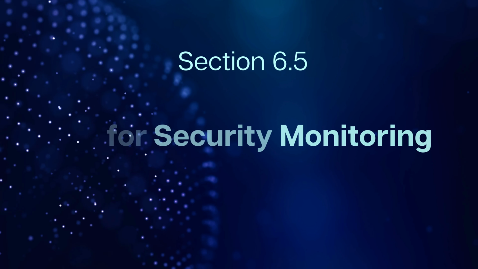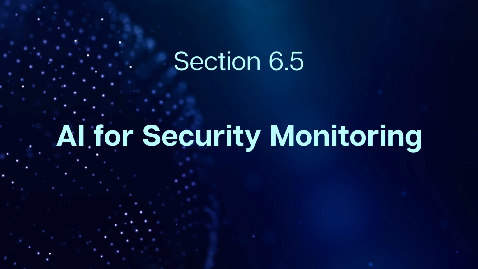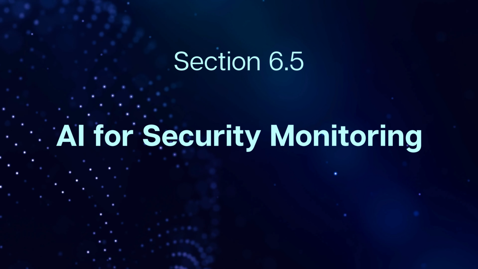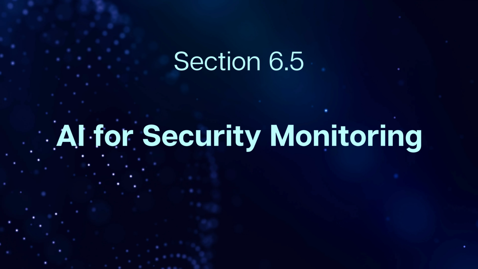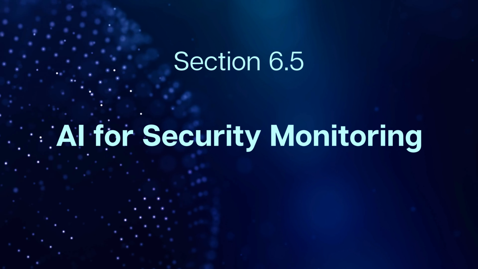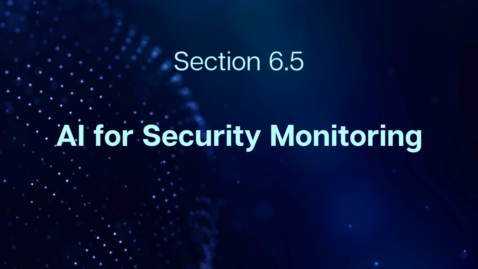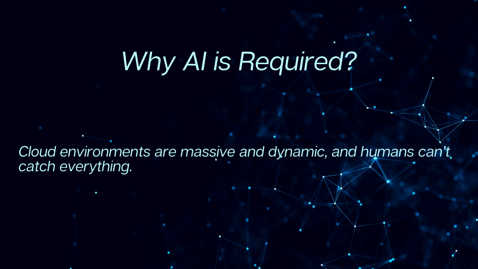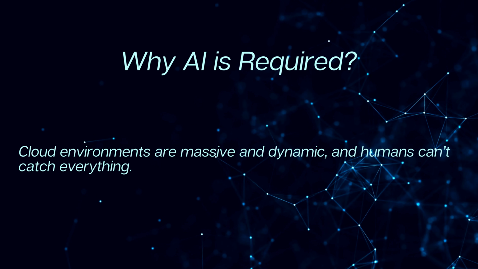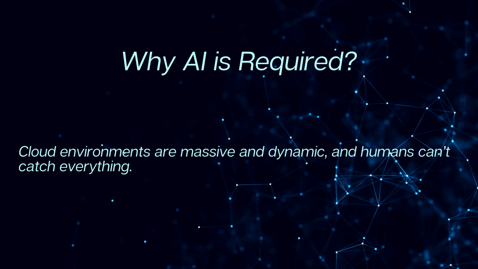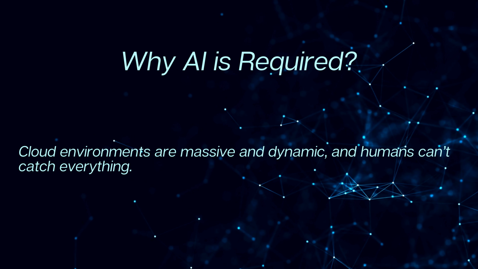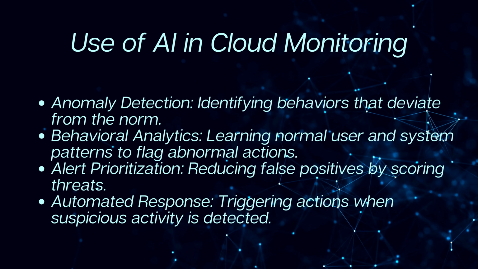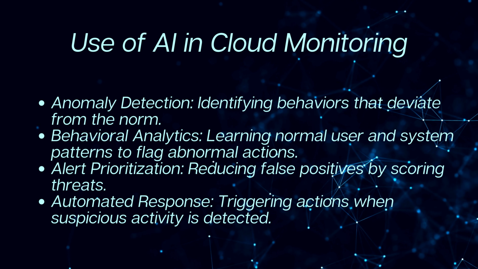In the next section, 6.5, we will discuss one of the important topics, that is AI for security monitoring. Finally, let's talk about how artificial intelligence is revolutionizing security monitoring. Cloud environments are massive and dynamic, and humans can't catch everything. AI and ML help by doing the following. Anomaly detection: identify behaviors that deviate from the norm.